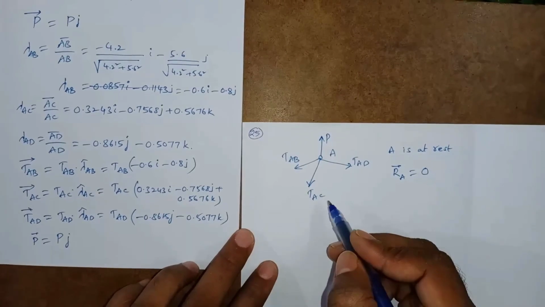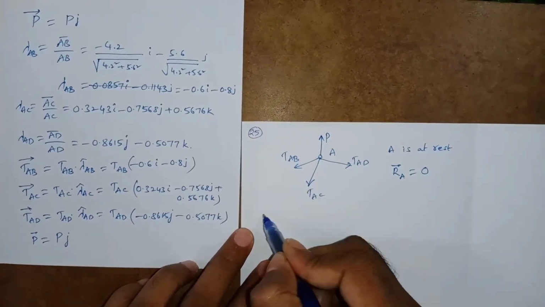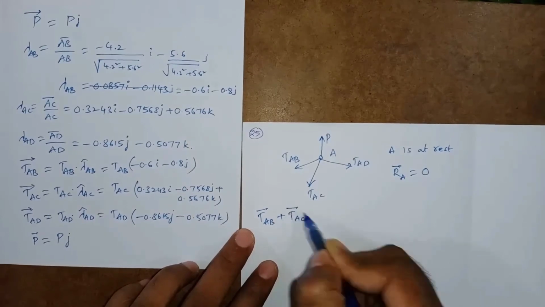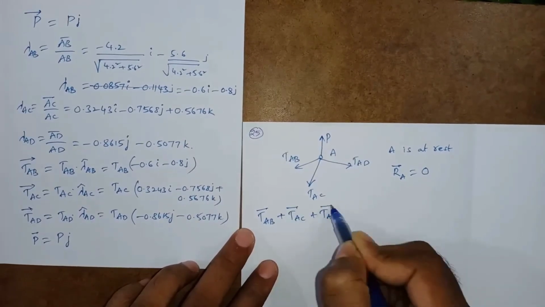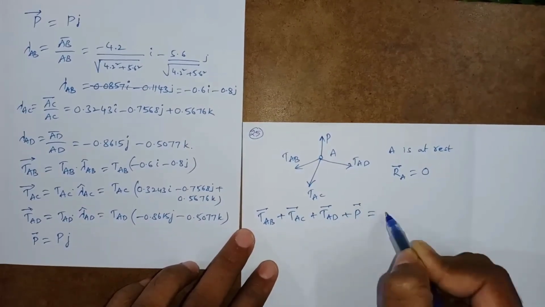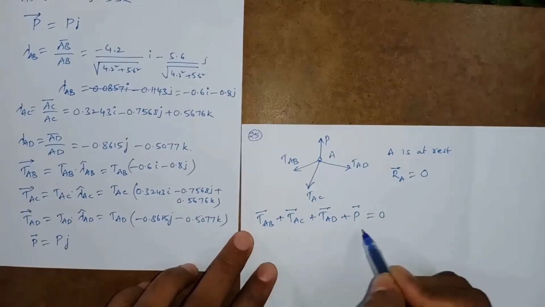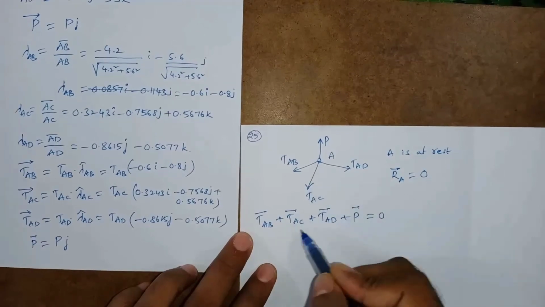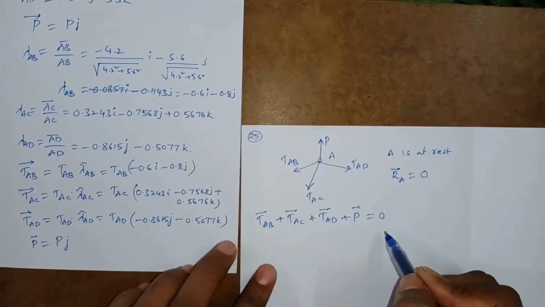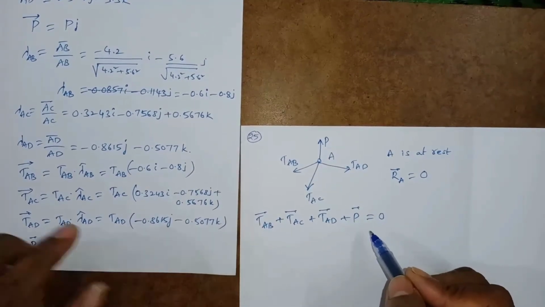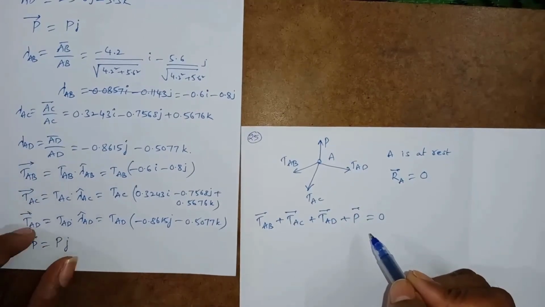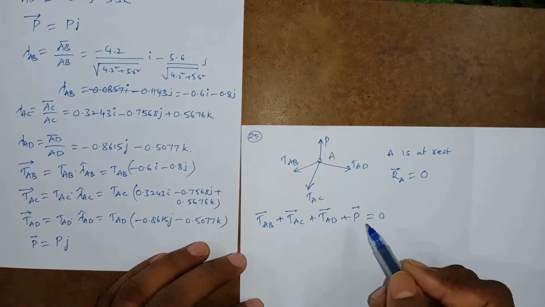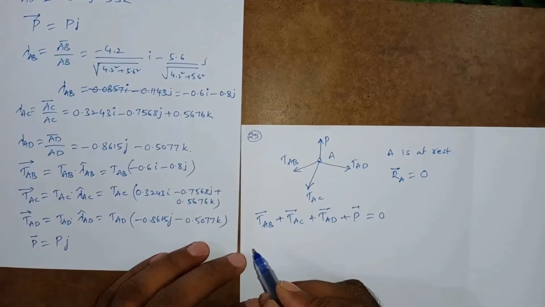That is, we can write that TAB bar plus TAC bar plus TAD bar plus P bar is equal to 0. This is the algebraic sum of all the forces, that is nothing but the resultant force acting at point A, and this must be equal to 0. Now substituting the values for TAB, TAC, TAD and P and simplifying.